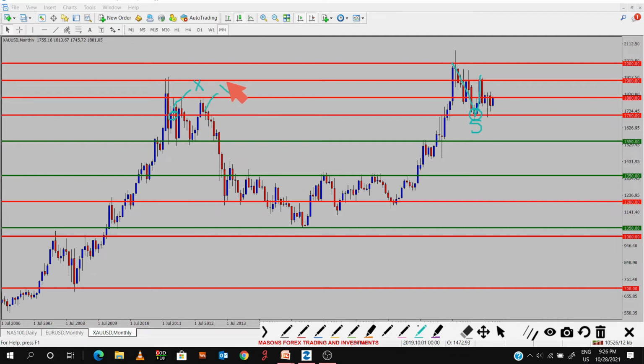This candle Y, you can see price also steps through this level with the wick. So we have multiple support levels, and you can see there's congestion around this 1700 level.